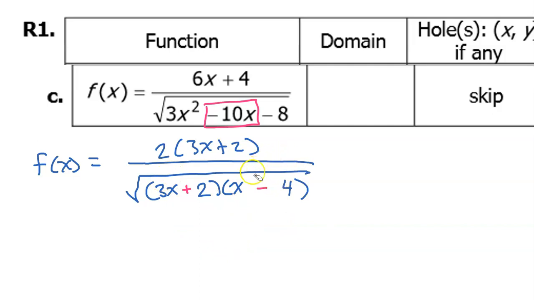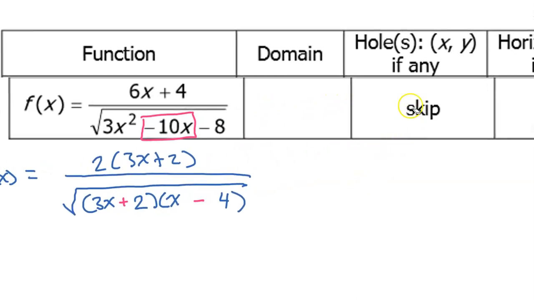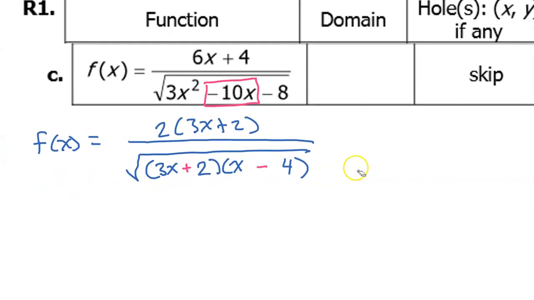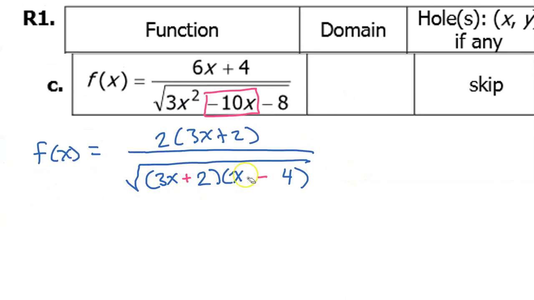Okay, let's go ahead and deal with the domain actually first this time. We're told to skip over holes. We do need to see about vertical asymptotes, but it will be a little bit more complicated because of the square root. You know that you cannot take the square root of a negative number. That would be imaginary. So in addition to avoiding having a 0 in the denominator, we also have to avoid any negative numbers.